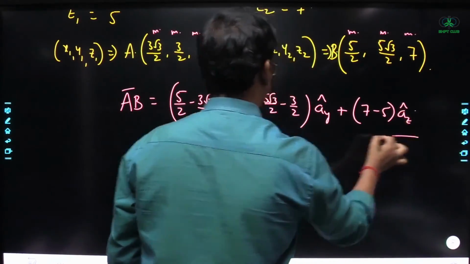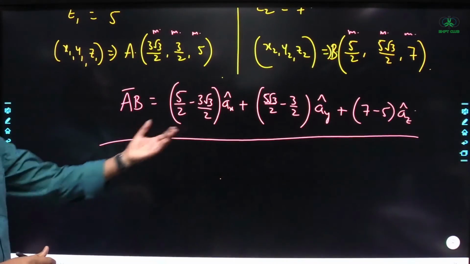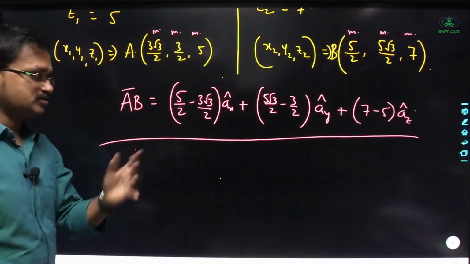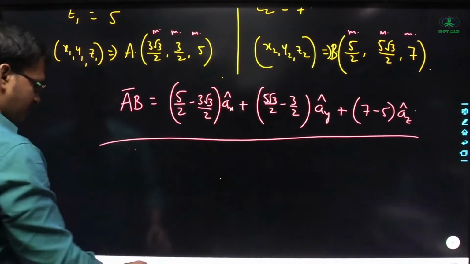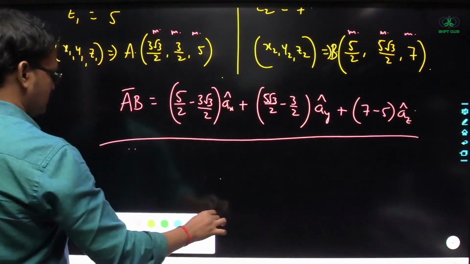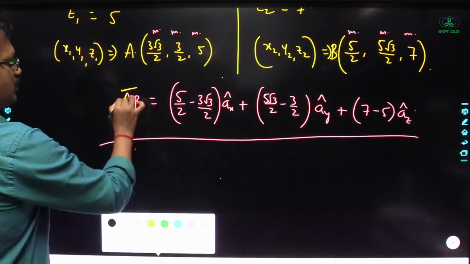So in this manner we can represent AB bar. You can simplify this one here. So this is how you have to represent the AB vector.